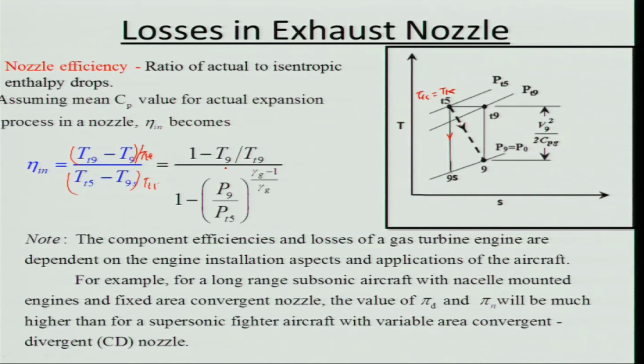We can express T9 by TT5 in terms of the pressure ratio, P9 by PT5, to the power (gamma_g minus 1) divided by gamma_g.